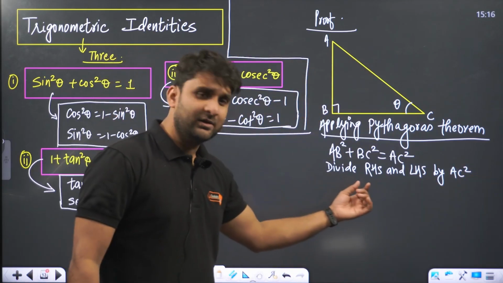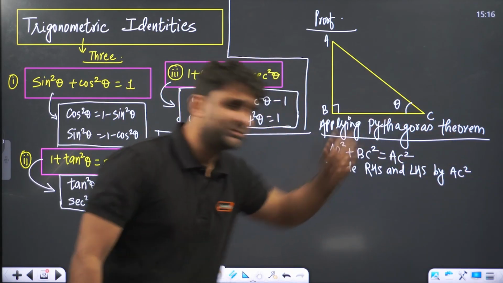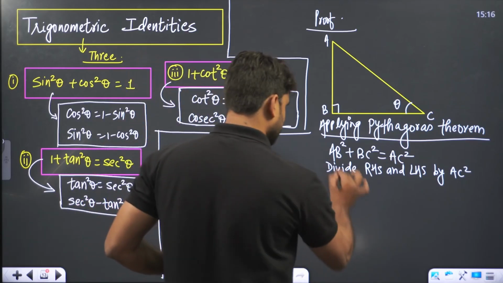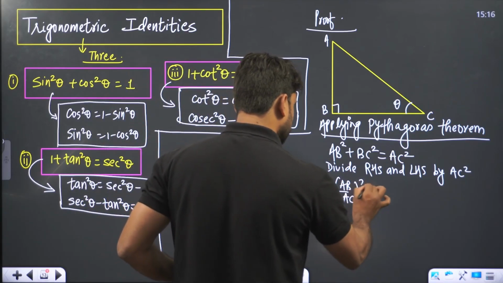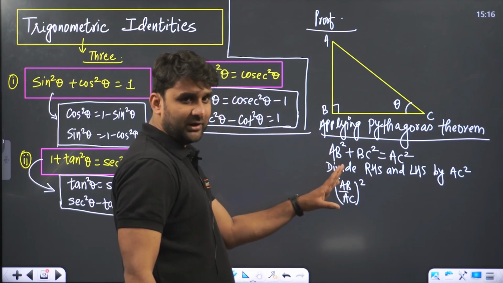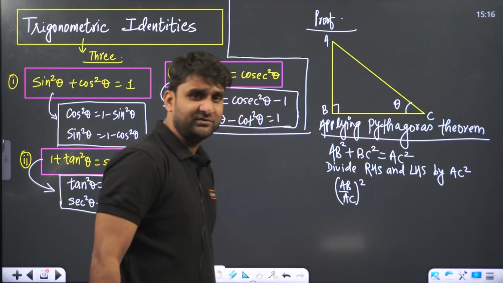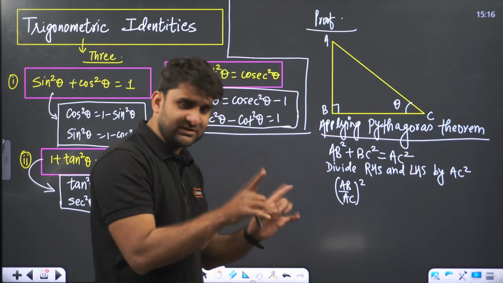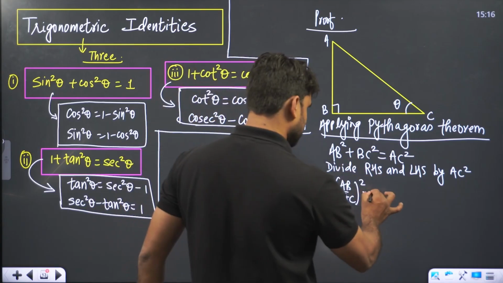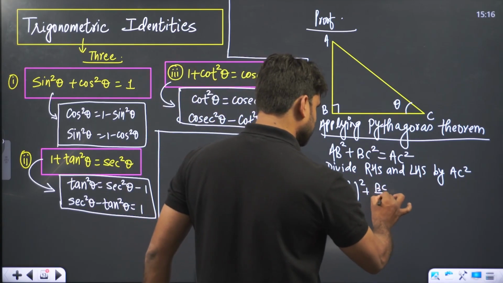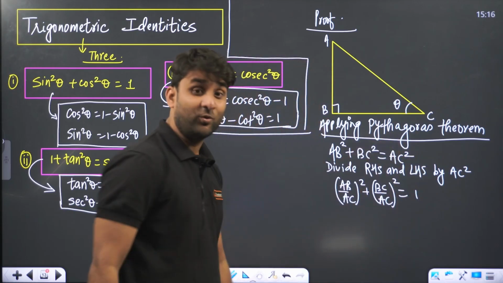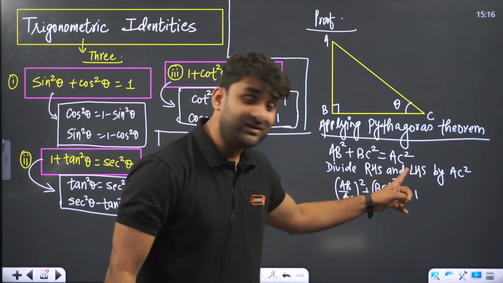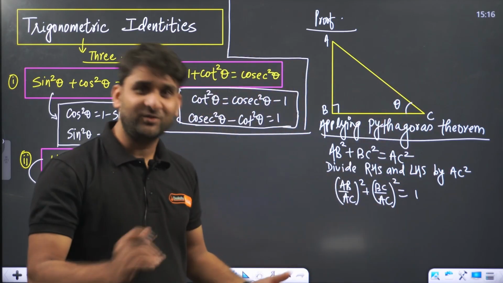Let's divide RHS and LHS by AC square. So what will happen? This is AB square, so this will look like AB by AC whole square, because AB was already squared and we are dividing by AC square, so they both go in a single bracket. So AB by AC whole square, plus BC by AC whole square, is equal to 1. Why? Because AC square is getting divided by AC square, so that is equal to 1.